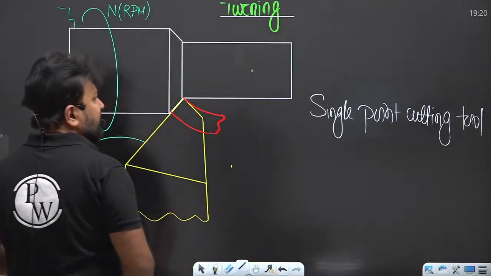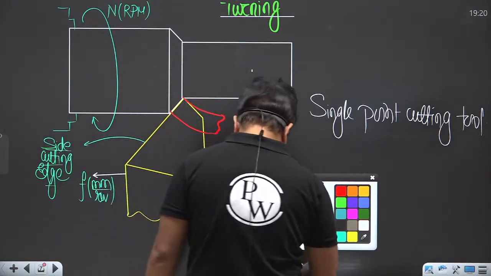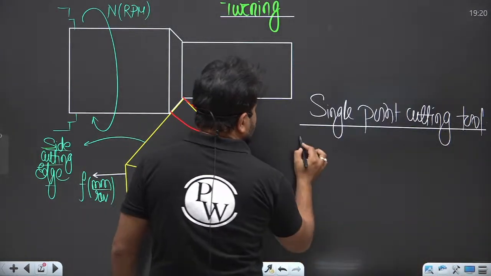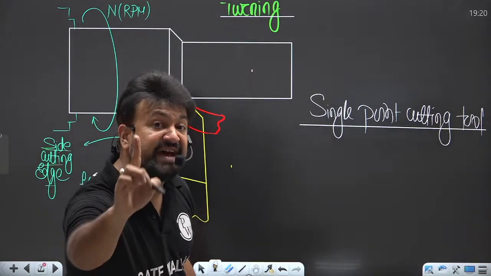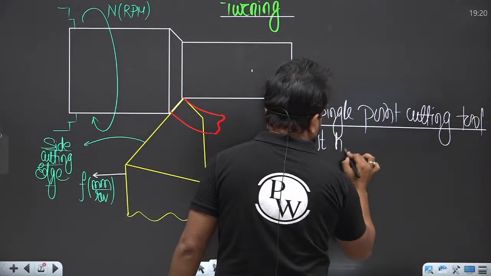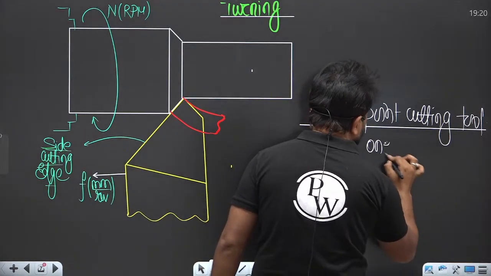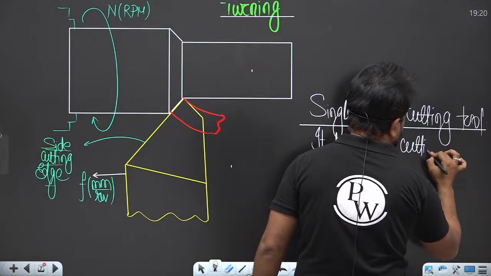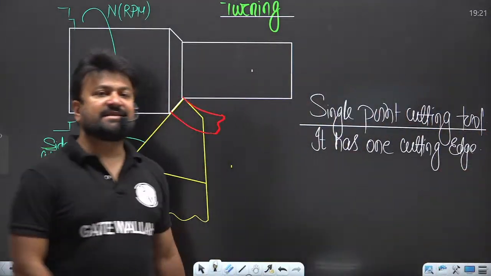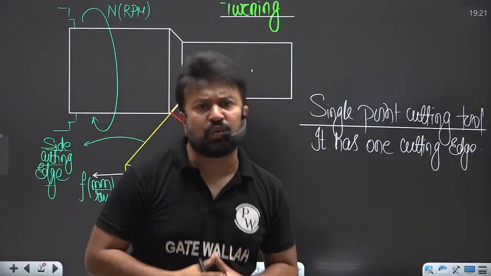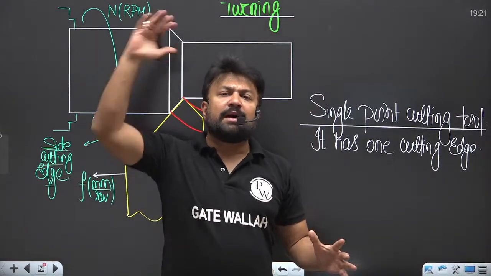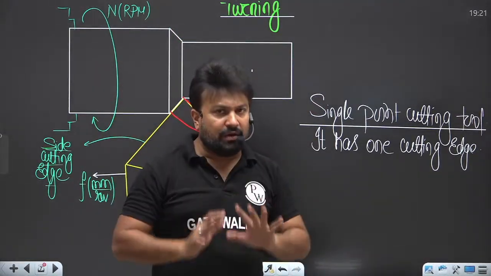The single point cutting tool means it has one cutting edge. Remember, it has one cutting edge. That is the basic meaning.